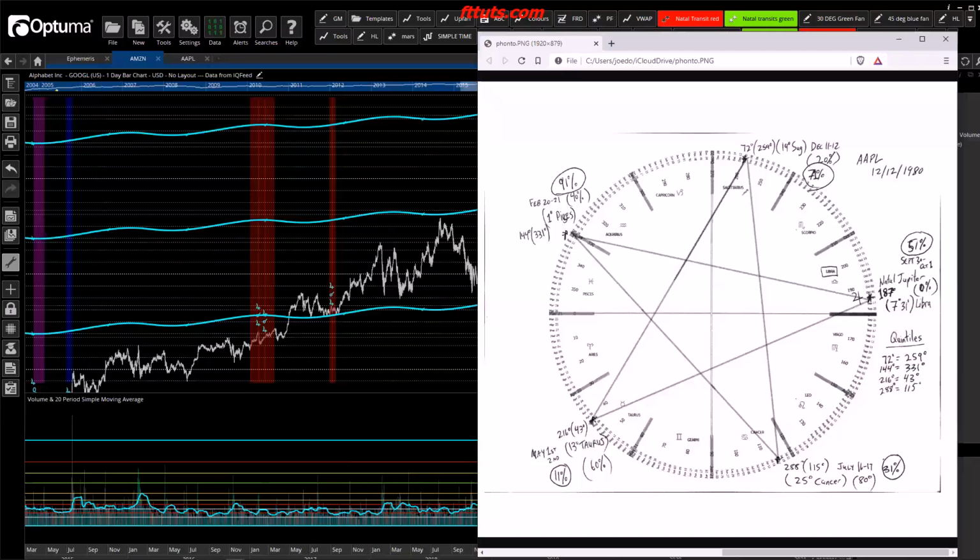Your work's amazing too, and this kind of stuff helps us put this stuff together. It helps us figure out how we can locate hotspots not only in price, not only in time, but also in price. So if you're drawing your Gann boxes already, these are hotspots for when the price should also associate to these levels, not just the parts of the year that were related to the equinox and the Gann dates and the seasonal Gann dates.